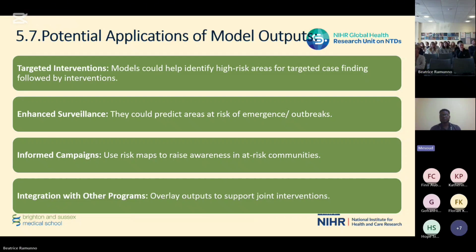Informative campaigns can use risk mapping to raise risk awareness in at-risk communities, which can help community engagement and awareness. Also, integration with other programs, overlapping outputs to support joint interventions.